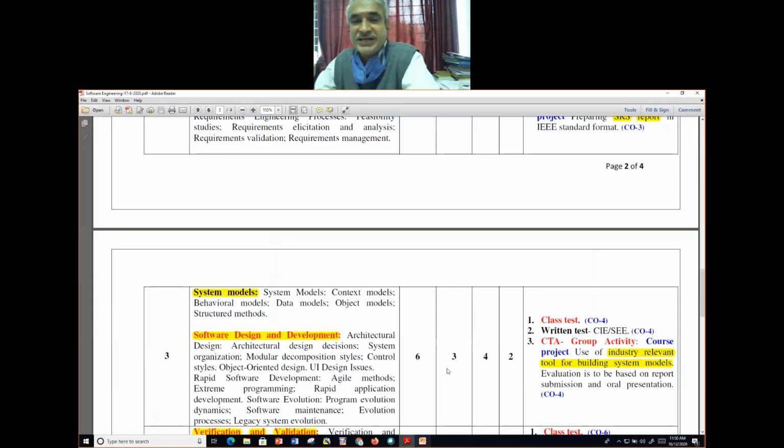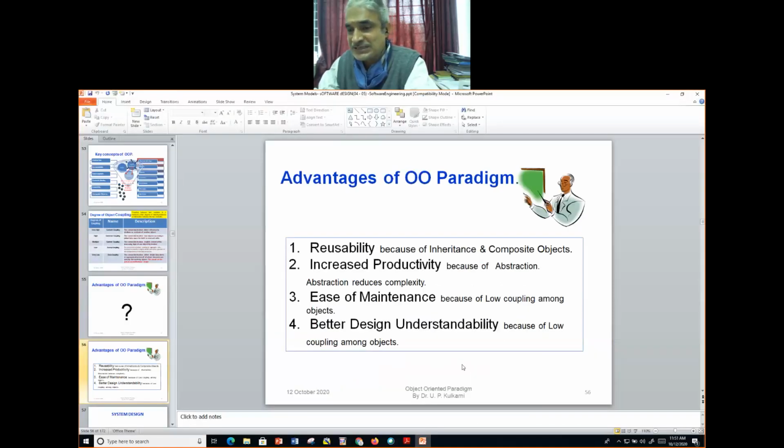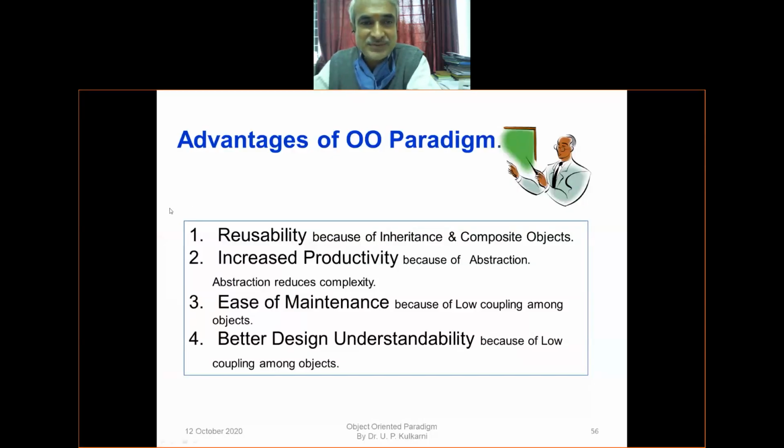In your software engineering there is a syllabus. When we go for the object models, what we do is we go for class diagrams. When you draw the class diagram, you should know the fundamental aspects of this. Then it increases productivity because abstraction reduces complexity.